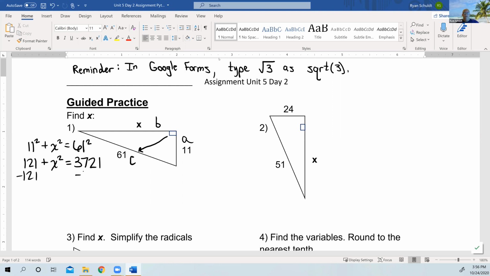Subtract 121. We're going to get x squared equals 3600. Take the square root of that, and we get x equals 60. So there's our answer.